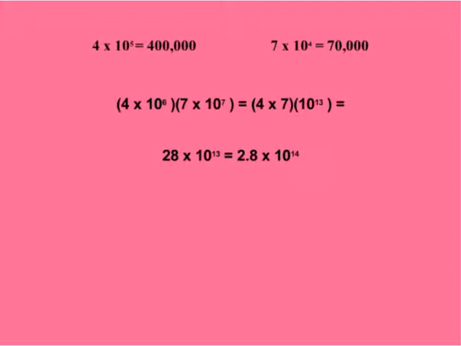So you're going to have 4 times 7, and you're multiplying the same number or variable with different exponents, so you add the exponents, so you get 10 to the 13th, which gives you 28 times 10 to the 13th. But remember, with scientific notation, you have to take it to 1 decimal place. And we're moving 1 number to the left, so that becomes 2.8 times 10 to the 14th.